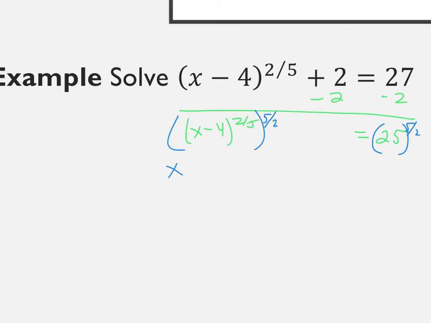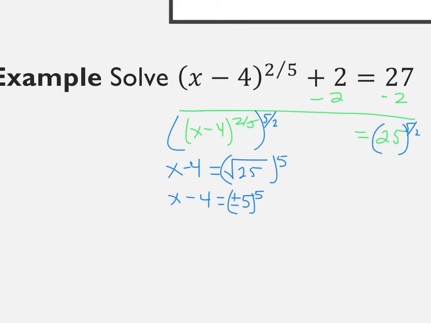On the left side, we'll have x minus 4 equals, now notice we're going to do the square root of 25 and then raise it to the 5th power. Now remember, it is an even root, so we need a plus or minus in our final answer. So we'll have plus or minus 5 to the 5th power.